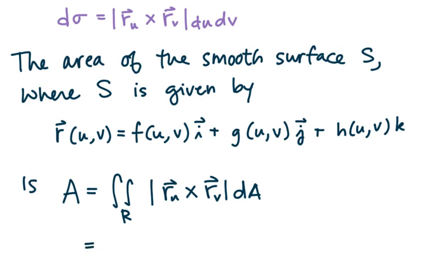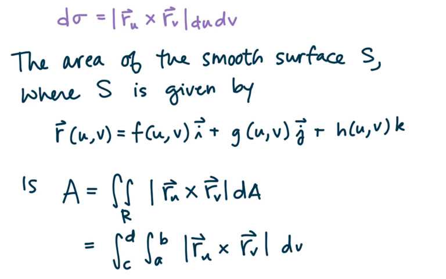And then again, thinking about that dA is just du dv. That's the area of my UV region. So we'll say the integral from C to D, the integral from A to B of the magnitude of r sub u cross r sub v, and this would be du dv.